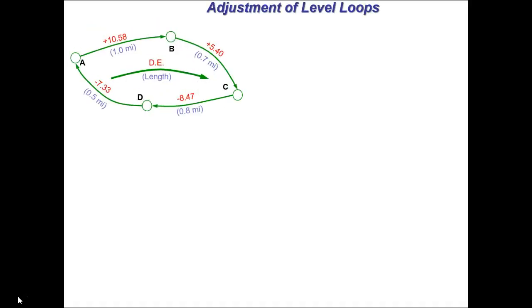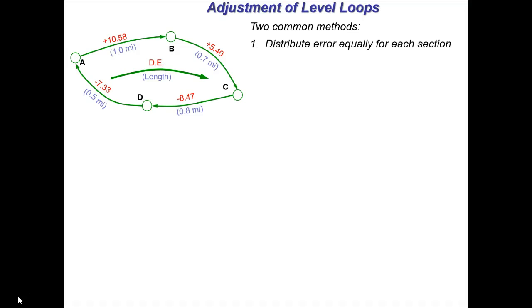So what we need to do is then go back and make some adjustments. So here's just kind of a different sample level loop. You can see we started at A, we worked our way to B, to C, then D, and back to A. So you can see our readings up there and our distances for each of those. So there's different ways we can take that error and distribute it back.